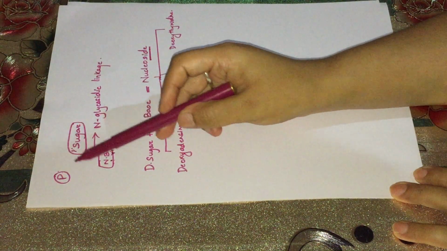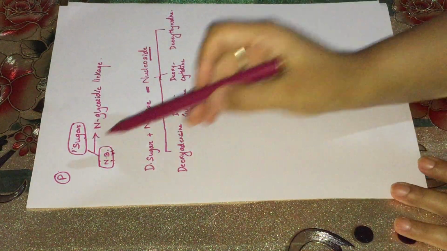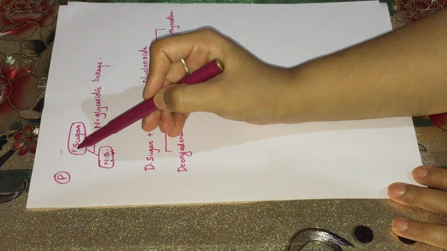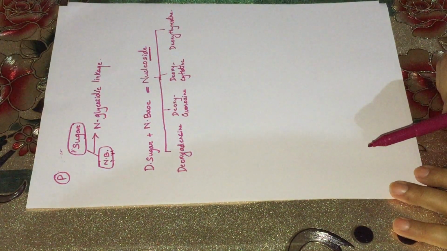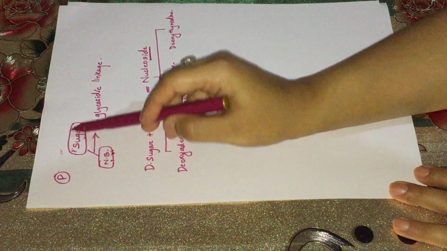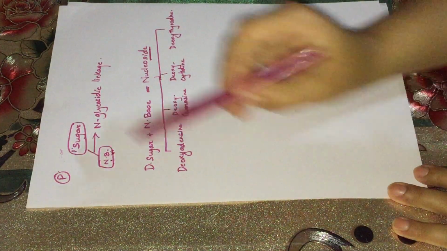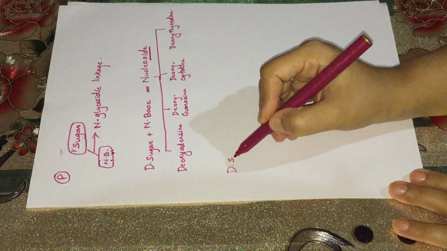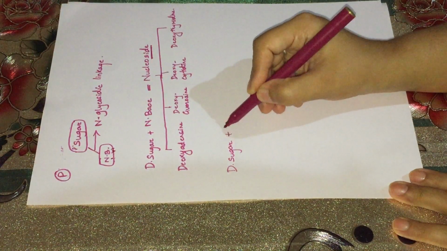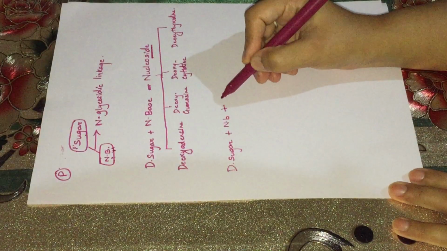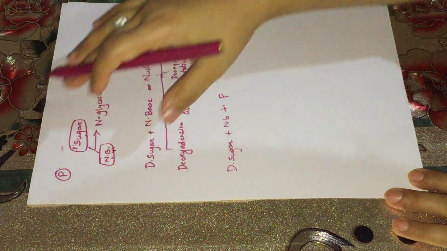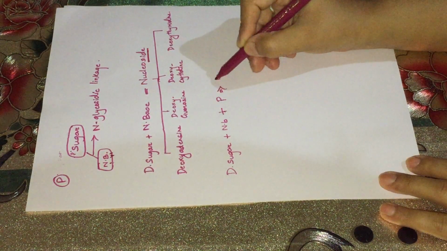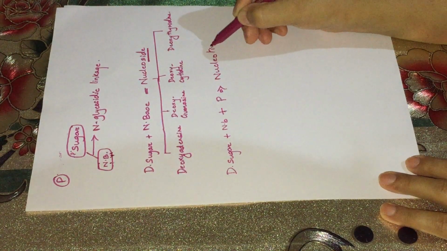When this nucleoside is linked with phosphorus at the 5-OH group of this pentose sugar, the ribose or deoxyribose sugar, plus nitrogenous base plus phosphate group, all three components are linked together, then only it will form a nucleotide.